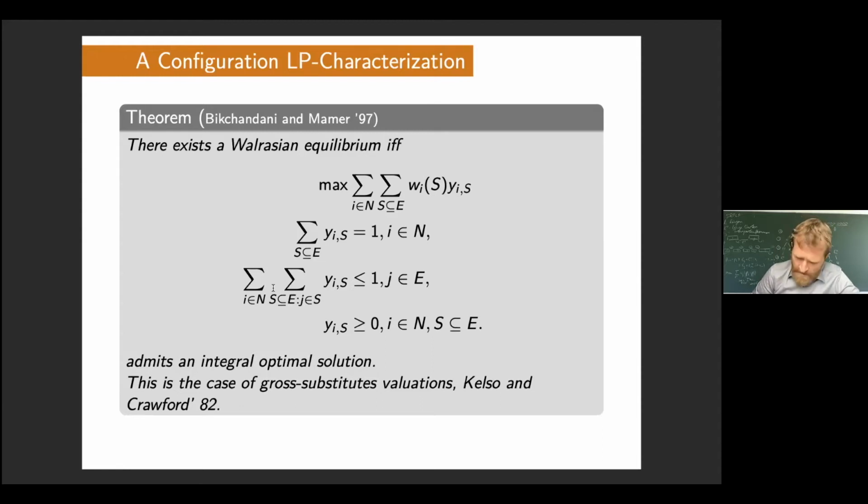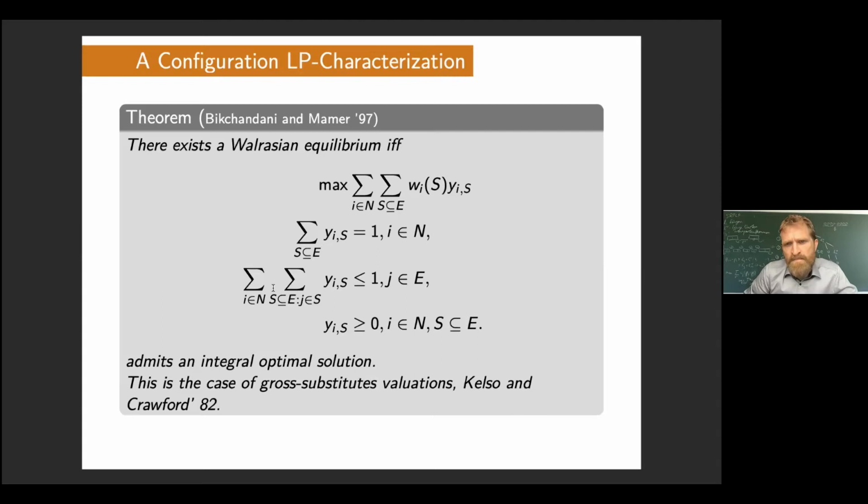So what we see here is that we again use an LP that we set up, but in this case we are even able to characterize equilibria that came a priori with a discrete flavor, in a discrete setting. I think this is already notable in a certain sense.